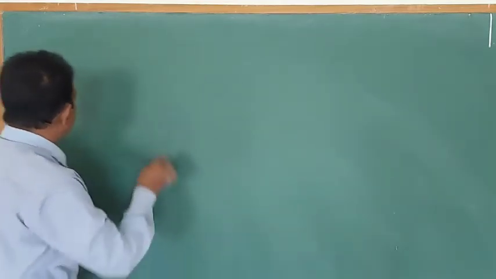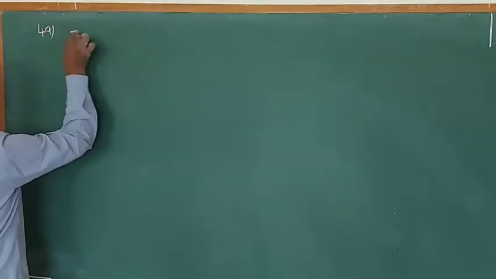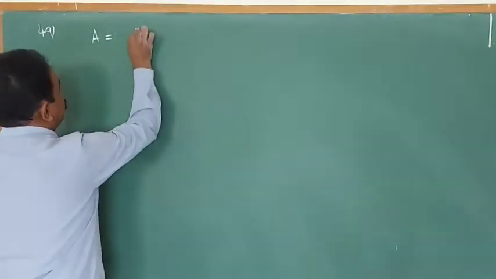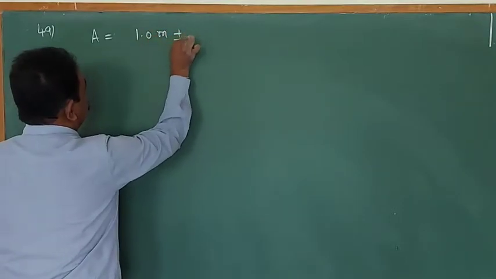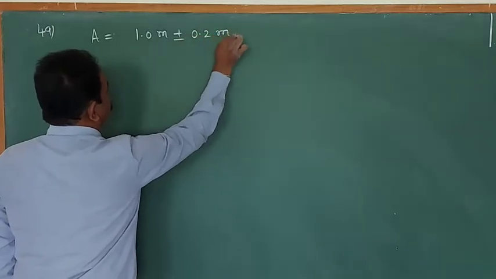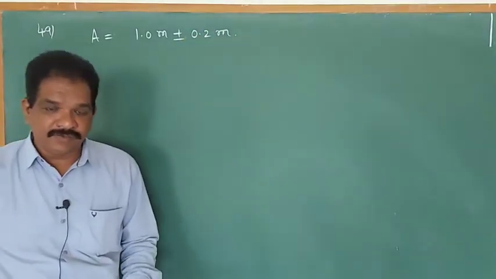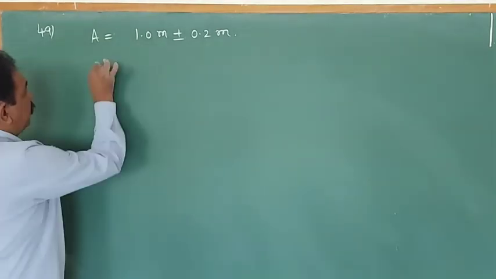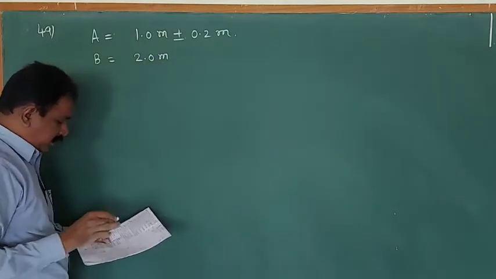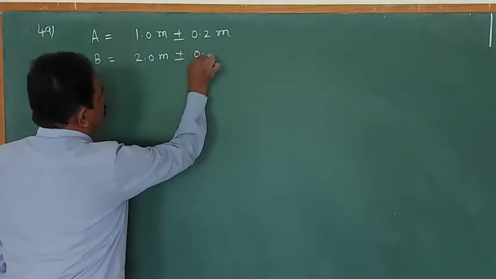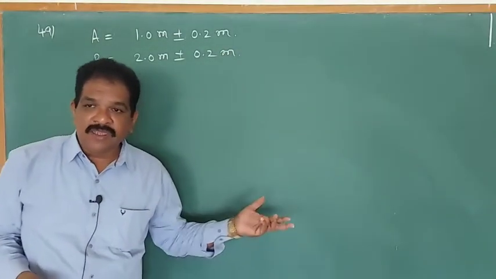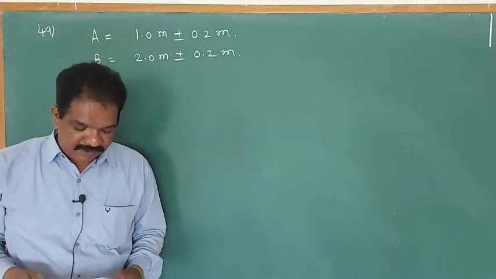So the A value they have given is 1.0 meter plus or minus 0.2 meter. B value will be 2.0 meter plus or minus 0.2 meter. The error is the same, meaning both A and B are measured with the same device.